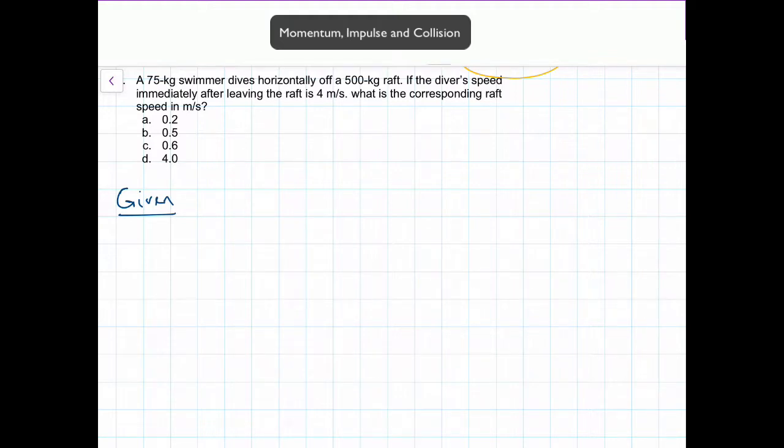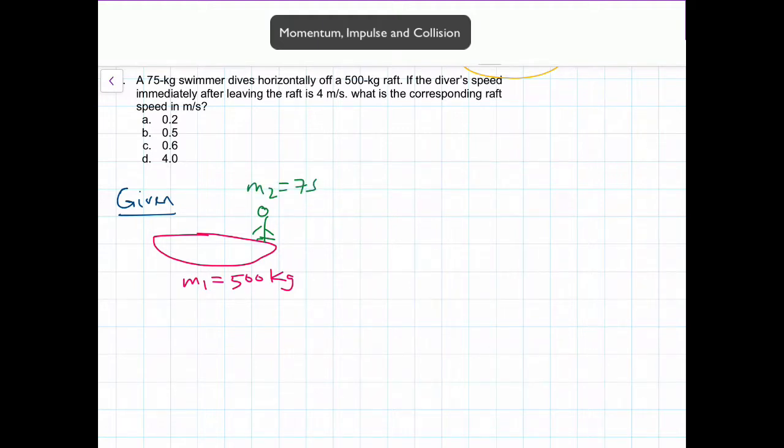I'm going to use different colors. Let's assume there is a raft like this, and let's call this mass 1 for the raft, which is 500 kilogram, and then the swimmer you can consider as mass 2, or vice versa.